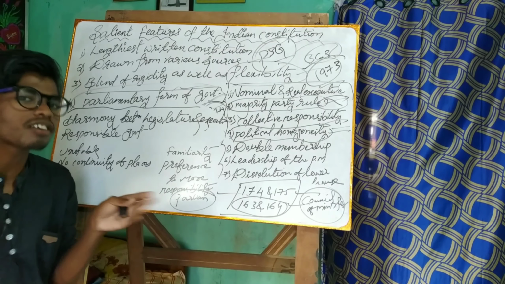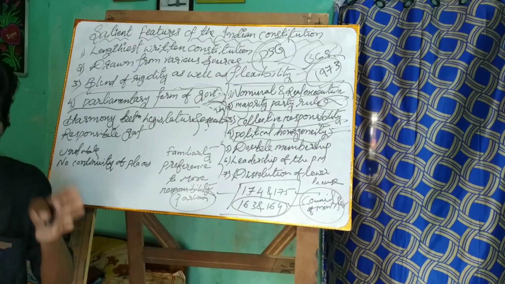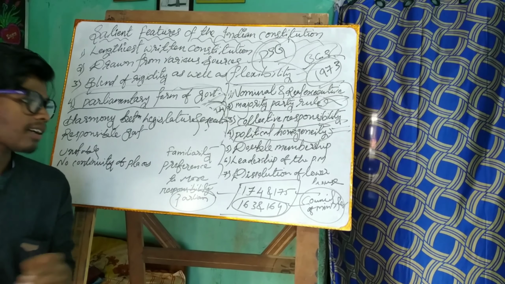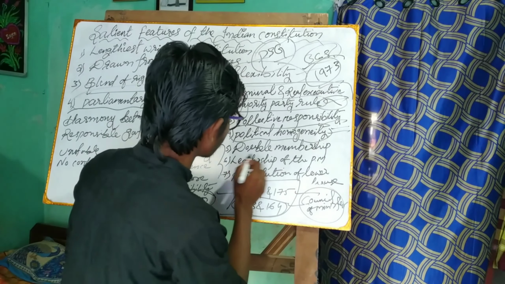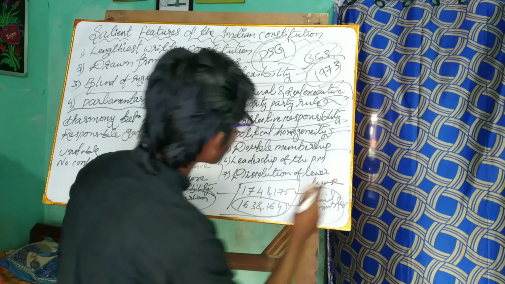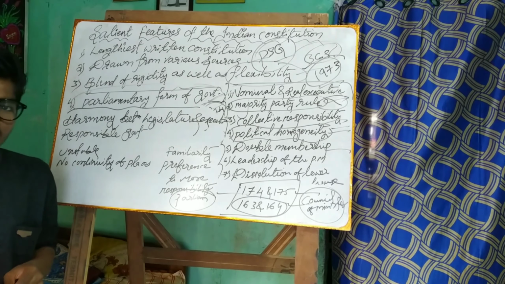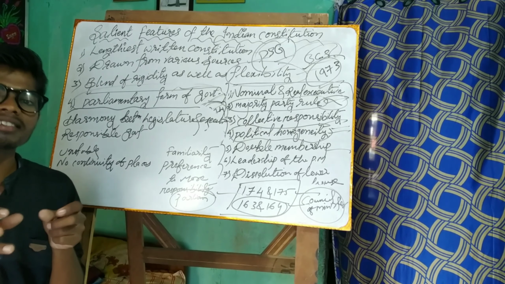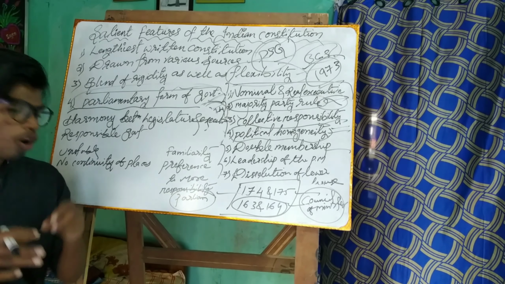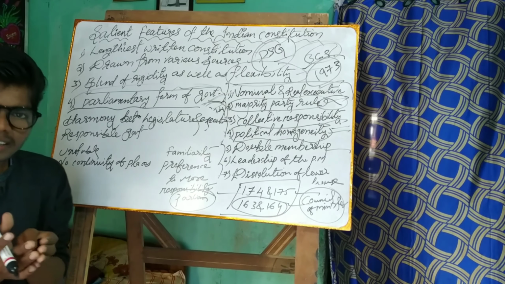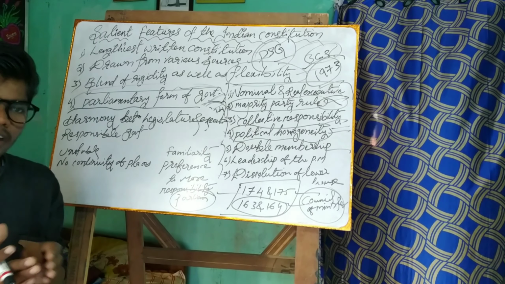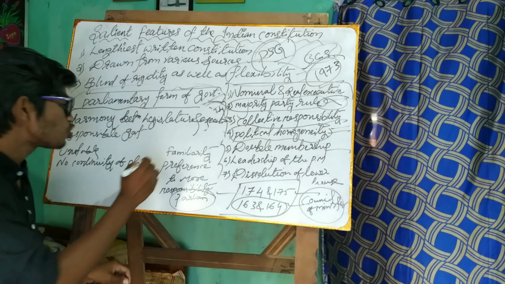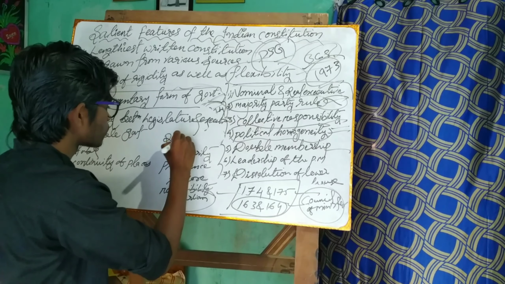There will be a clear understanding among each and every individual who is working for the nation. Next, we have double membership. That means a minister can be a member of both the legislature as well as the state legislature, or a member of both houses of the parliament, the Rajya Sabha as well as the Lok Sabha.